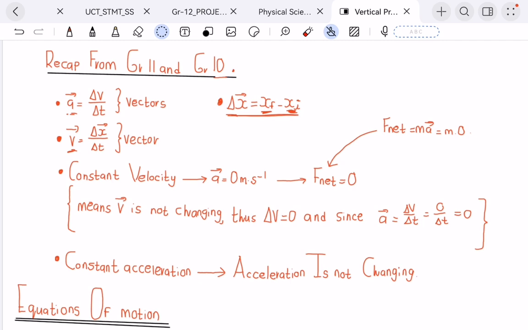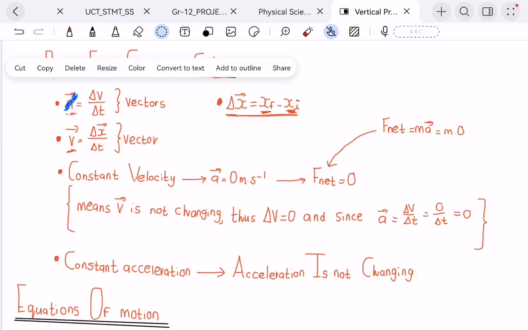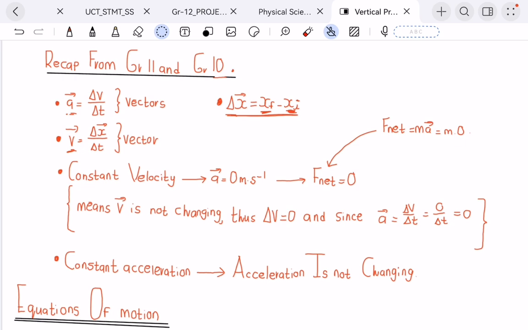From that we can deduce that if we are traveling at a constant velocity, that means that our acceleration is 0. In other words, remember that acceleration is the change in v over the change in t, right? Meaning that if the change in v is 0, then automatically the acceleration becomes 0, because if 0 is on the numerator, then everything becomes 0, right?